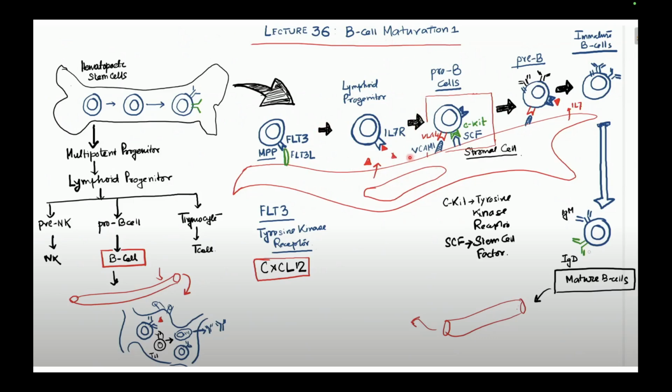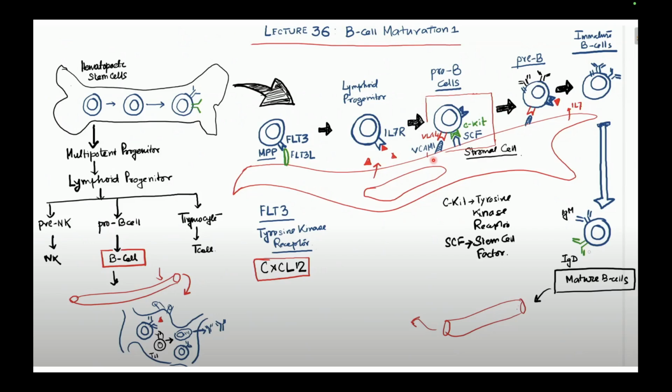From there these cells convert into the pro-B cells. These progenitor B cells now start expressing particular surface markers, which are called VLA4 and another, c-KIT.